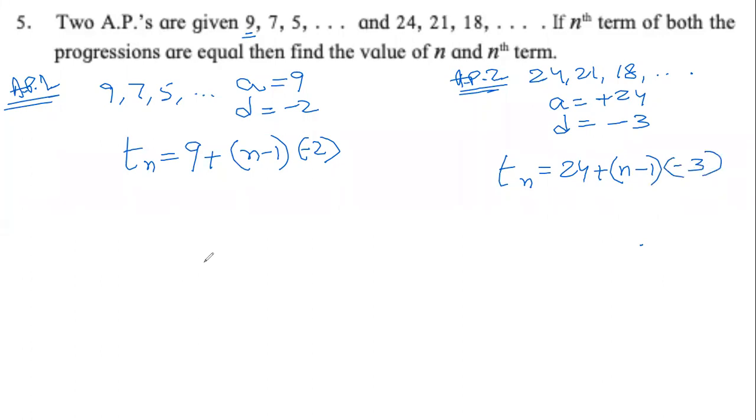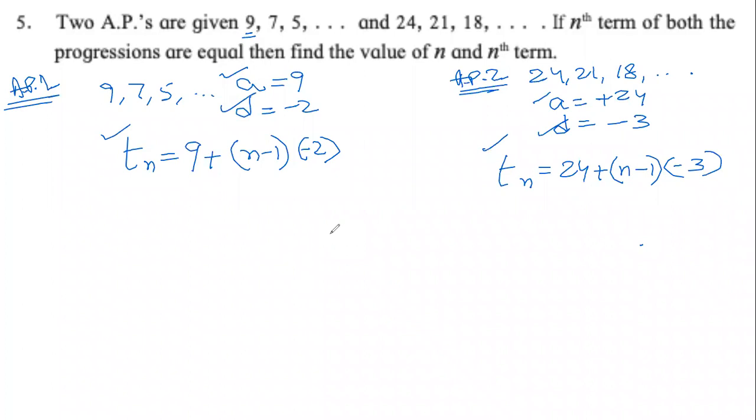Now we have found this information. One AP is 9, 7, 5, dot dot dot, another AP is 24, 21, 18, dot dot dot. But we are smart. We know how AP works. So we identified A and D for each of the APs. From there, we have identified the nth term from each of the AP.